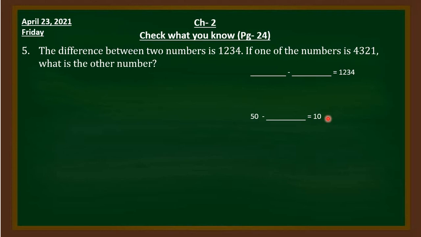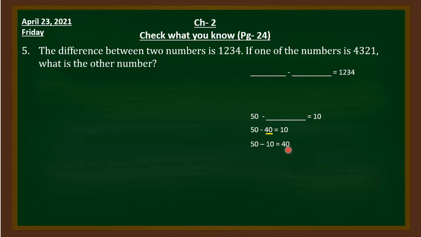Now, what will you subtract from 50 to get 10? Yes, we will subtract 40 from 50 to get 10, right? How did you get to know that you have to subtract 40 from 50 so that you get 10 as the answer? Very easy.